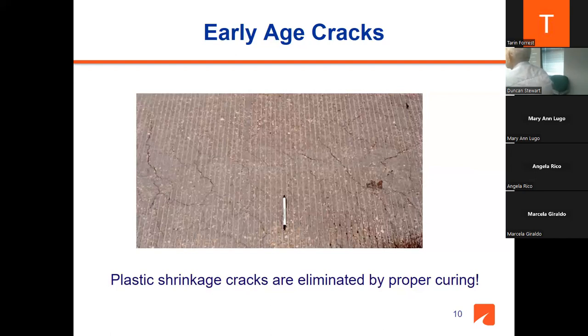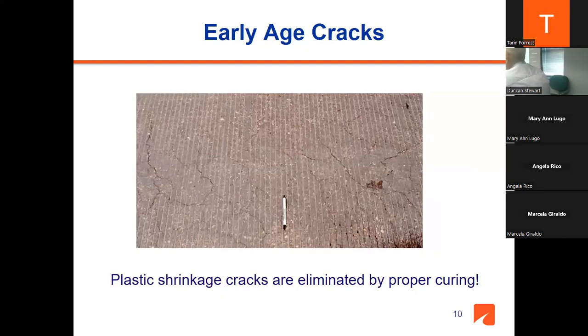Bleed water comes in, but bleed water may not bring enough moisture to the surface to keep the surface wet. So when the rate of evaporation exceeds the rate of bleeding, meaning that the surface can stay dry, then you start getting these cracks.